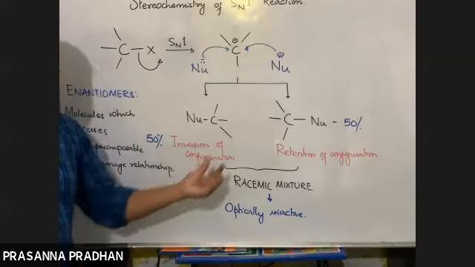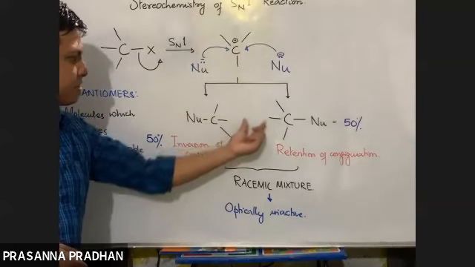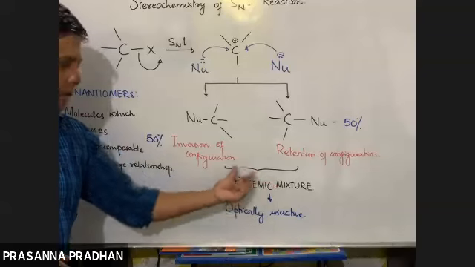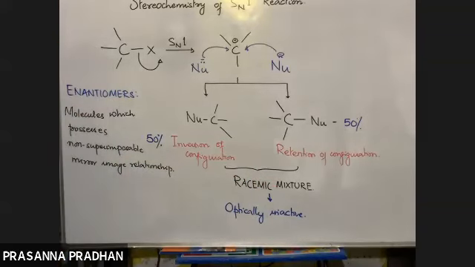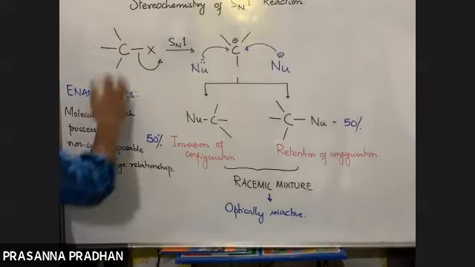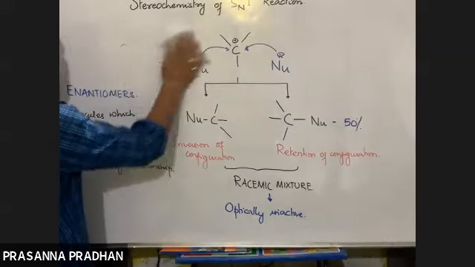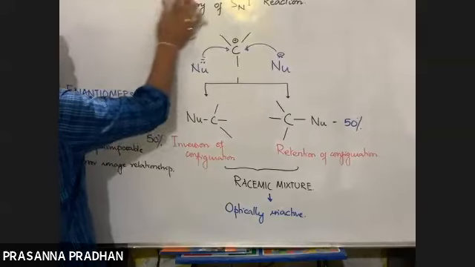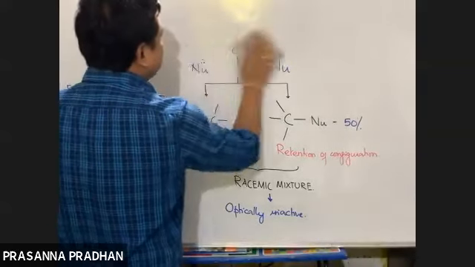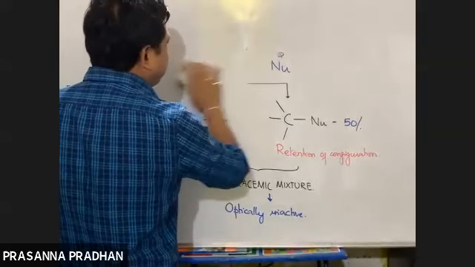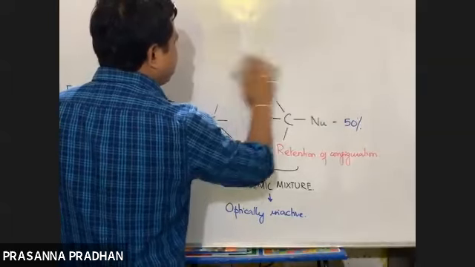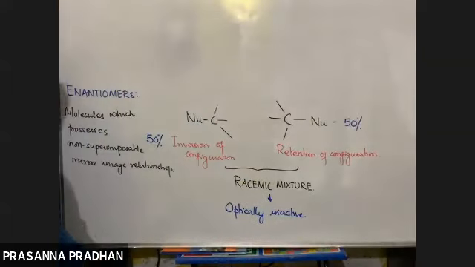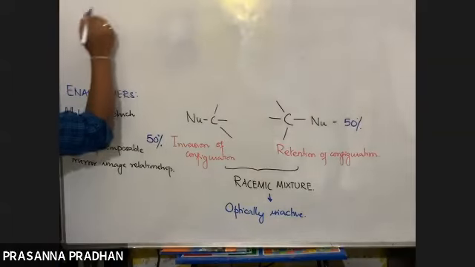A 1:1 mixture of two enantiomers is a racemic mixture, and racemic mixtures are known to be optically inactive. First, let us understand what optically active compounds are. We have not discussed optical activity yet, so today we are going to discuss it.